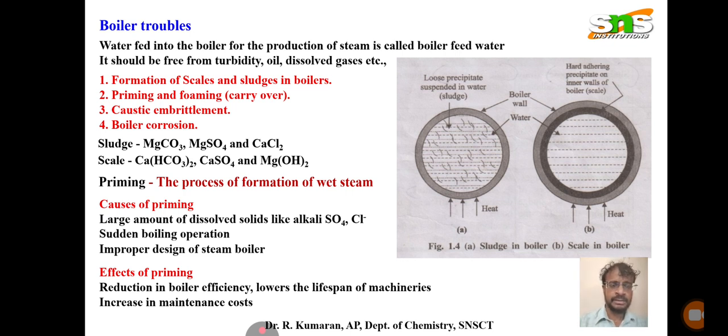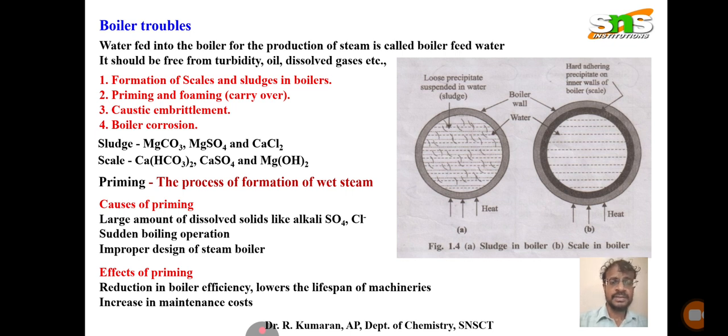Water fed into the boiler for the production of steam is called boiler feed water. It should be free from turbidity, oil, and dissolved gases. Otherwise it will form scales, layer by layer, a thick layer of impurities.